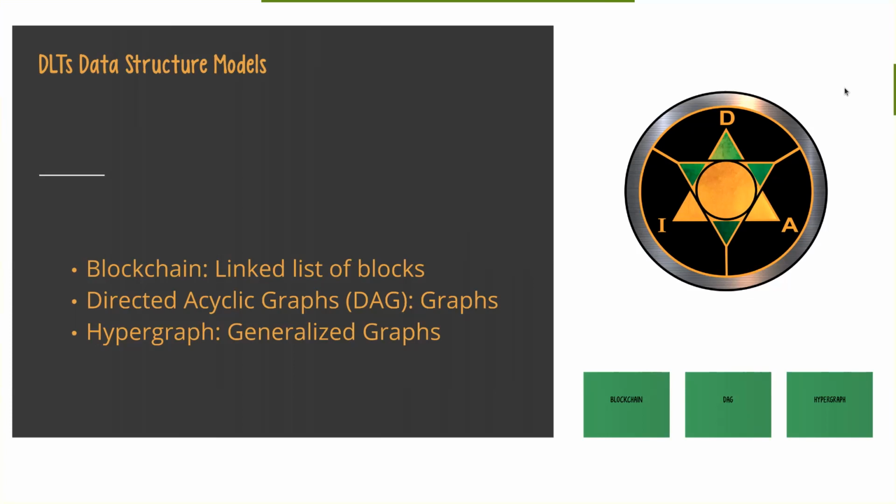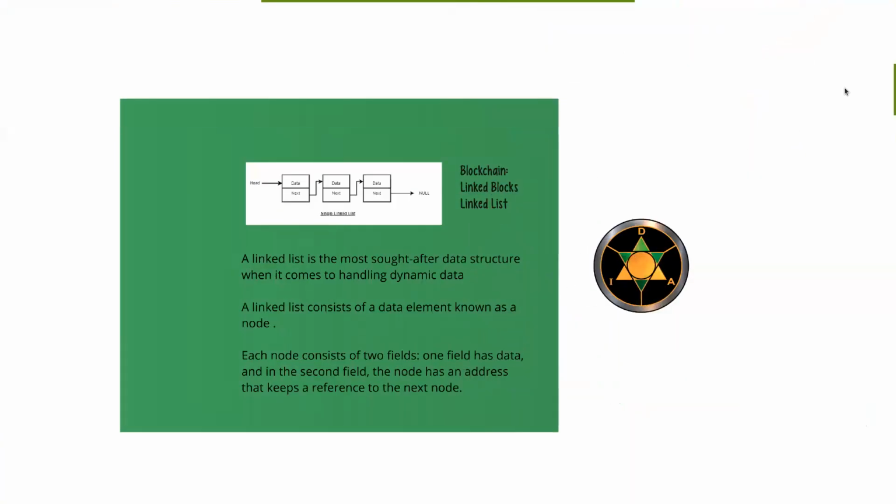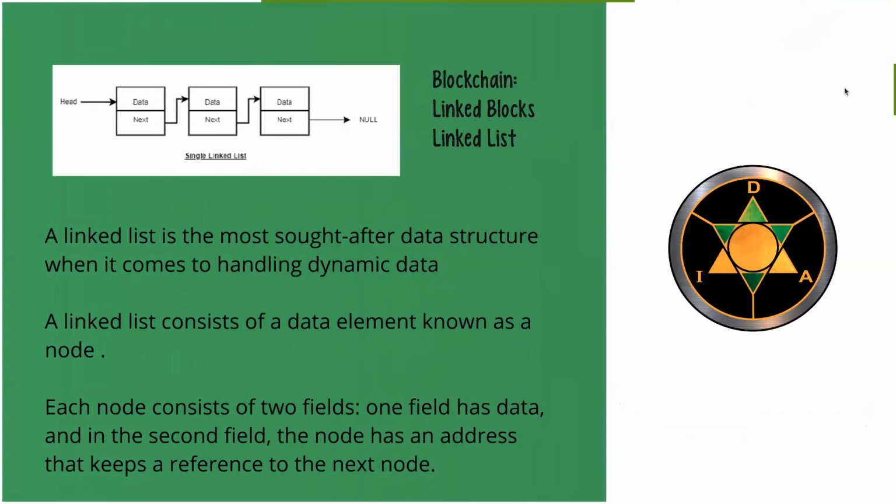They are awesome and have been used in many scientific fields, whether that's biology, artificial intelligence, and so on. And lastly, we have hypergraphs, which are kind of a generalization of the concept of a graph. So let's dive deep a little bit into this.